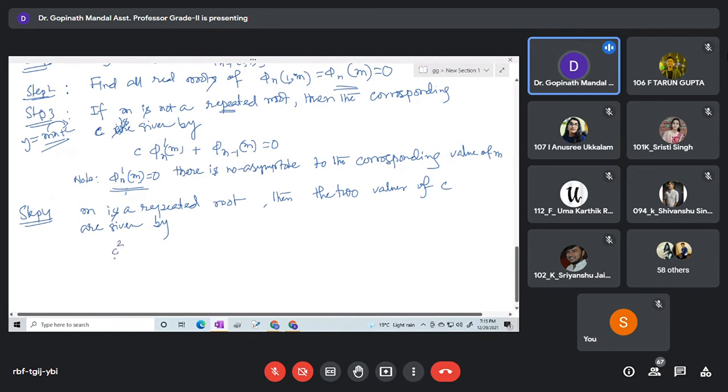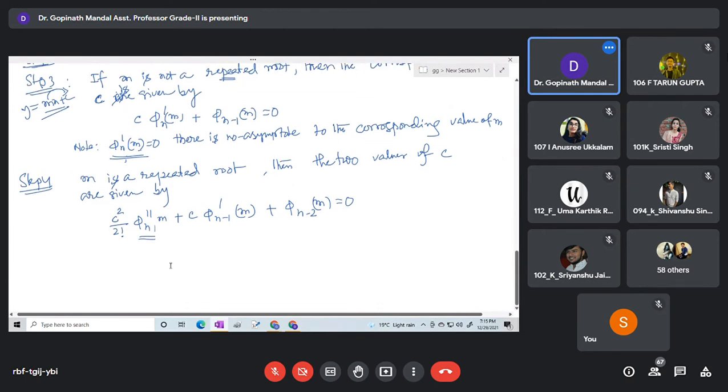This will be c square by factorial 2 phi n double dash m plus c phi n minus 1 dash m plus phi n minus 2 m equal to 0. In that case, the asymptote will be of the form y equal to mx plus c.